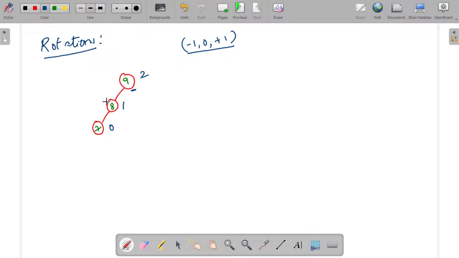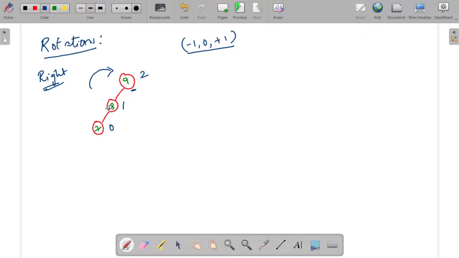Here we are going to perform something called a right rotation. Why a right rotation? Because the balance factor is a positive value, which means that on the right side we don't have any nodes to balance this particular height.